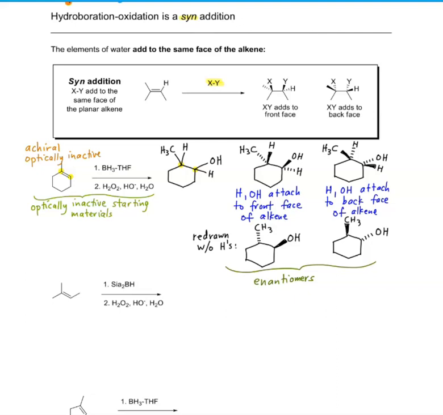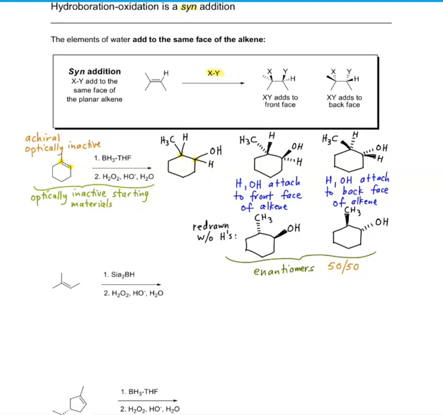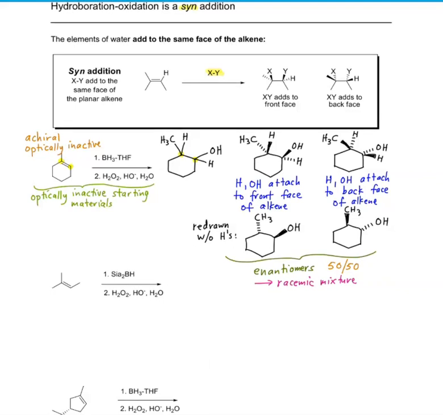So if we get the same amount of each of these products, then we have a 50-50 mix of enantiomers, which you know is a racemic mixture. And a racemic mixture is optically inactive.